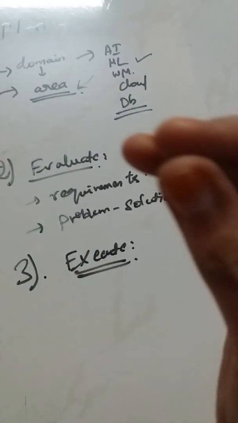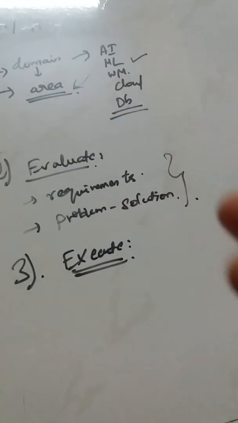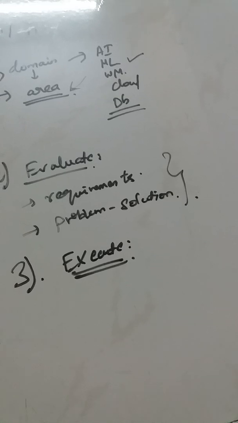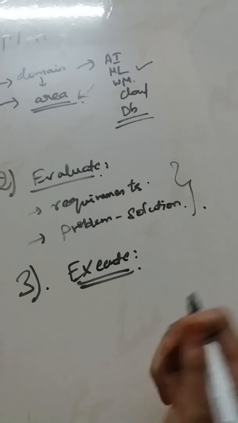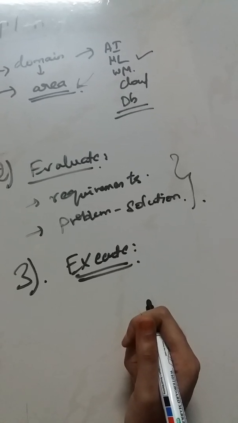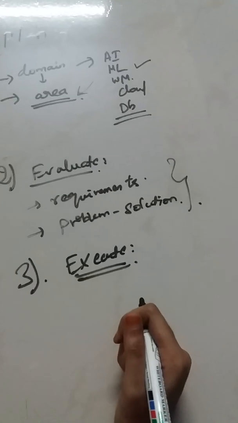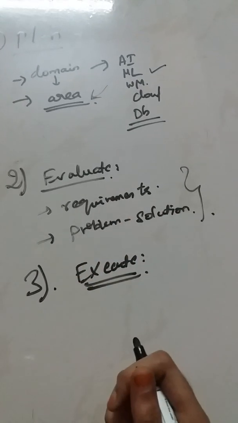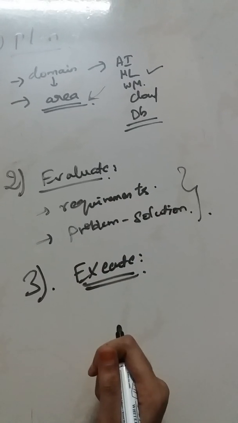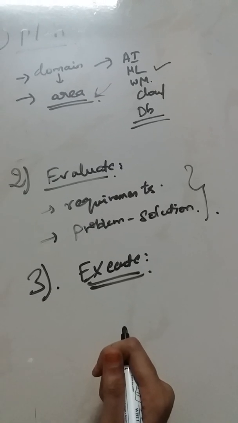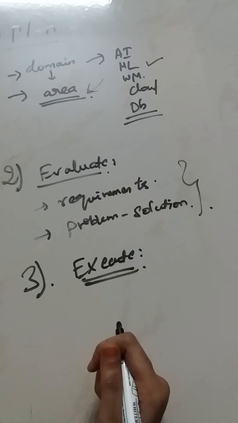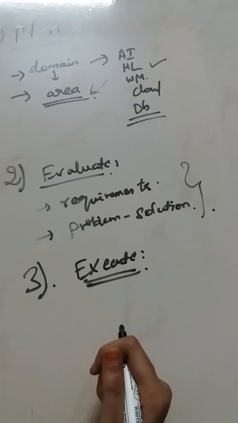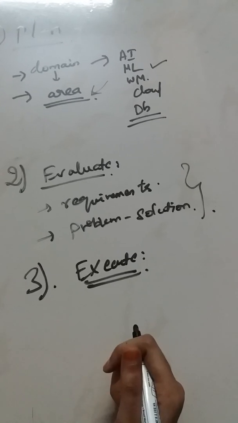How are you going to take your plan and requirements to the next level, the development of the project? To develop your project, you choose the tools you are going to use. If you opt for machine learning as your domain, you can opt for open source tools like TensorFlow.